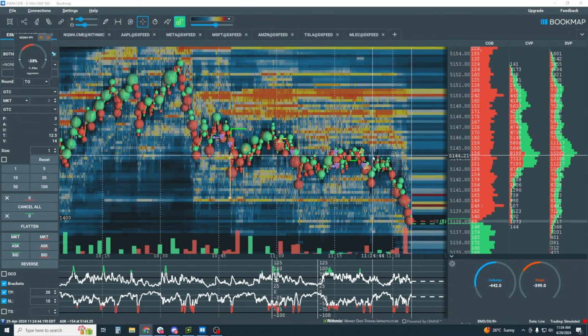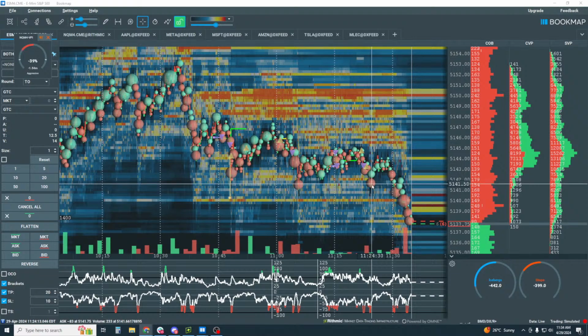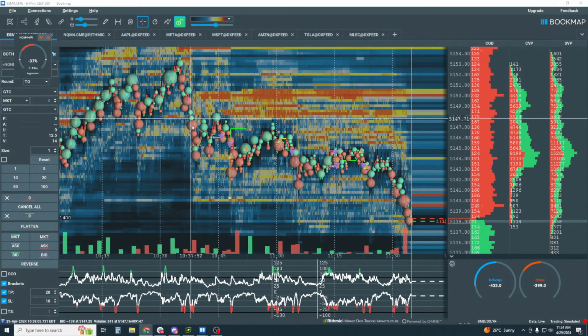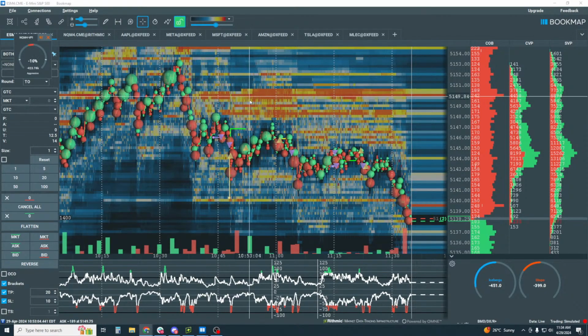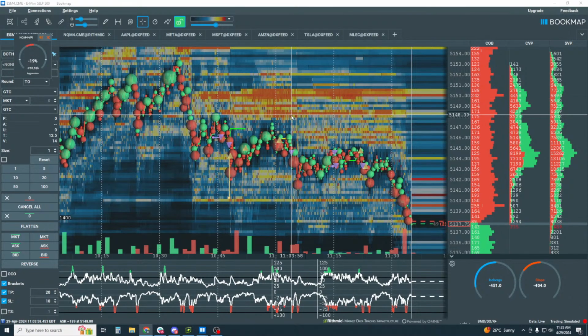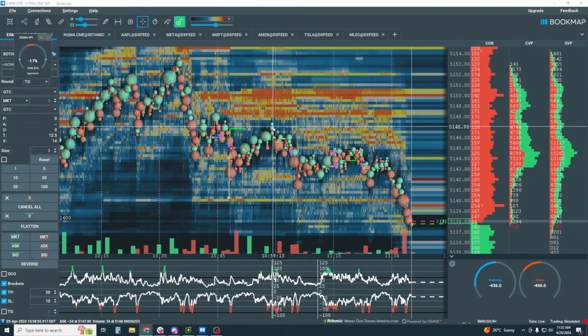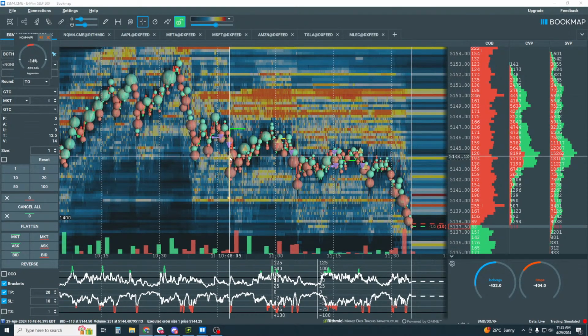But when we put this criteria together of sellers moving it away in this bigger picture, buyers can't reach back up, high liquidity on the offer up in here which does not transact, buyers cannot reach it, they try again here, and yet we see more sellers here and here.